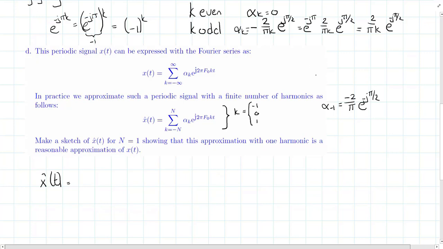And as we have already seen before, e to the power j pi is equal to -1. So we can write this as 2 over pi e to the power j pi over 2. Our alpha 0 was our dc, which was equal to 1, and our alpha 1 is equal to 2 over pi e to the power j pi over 2.